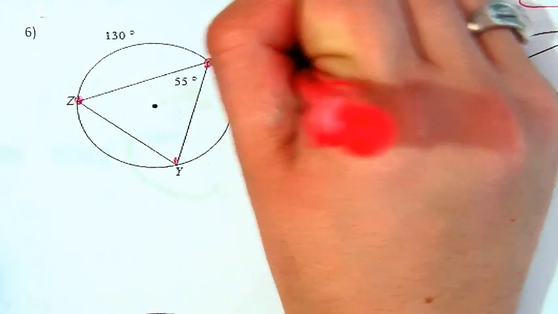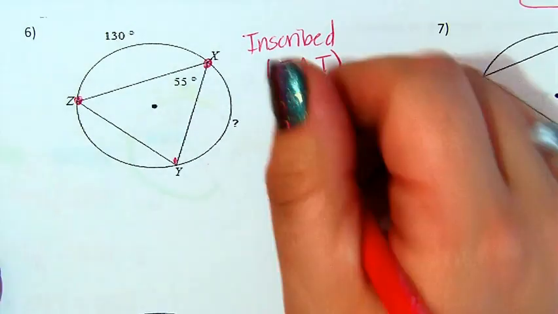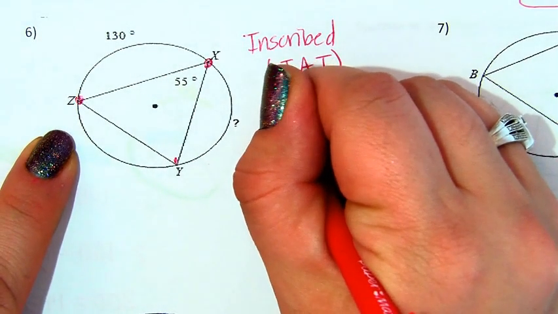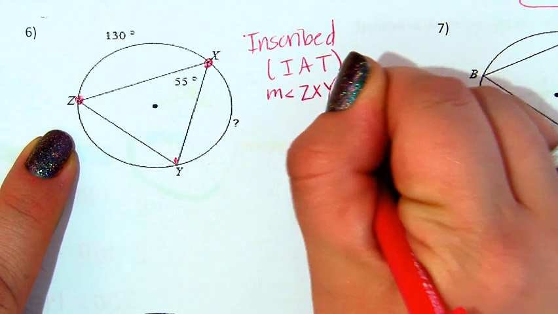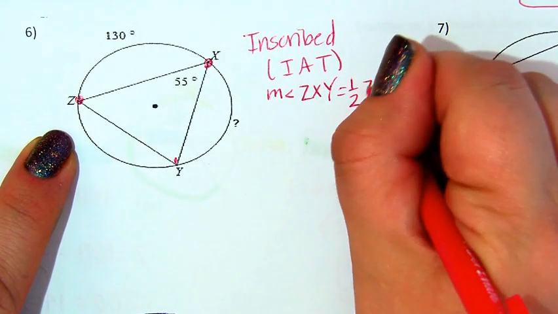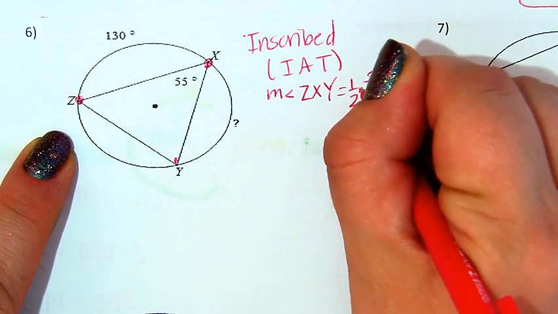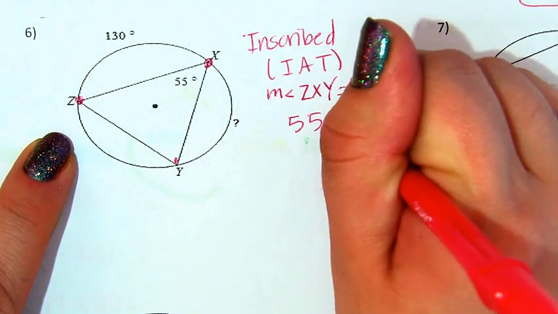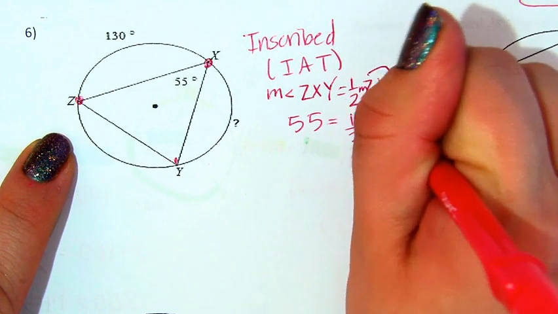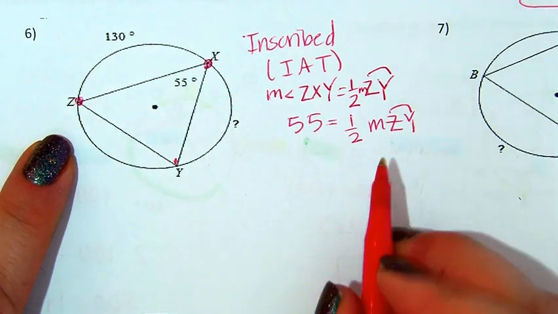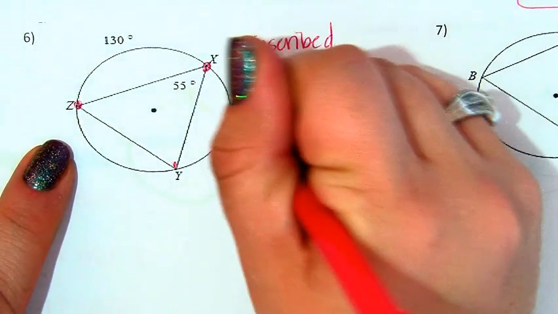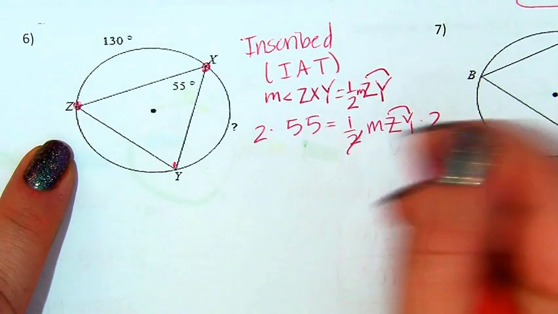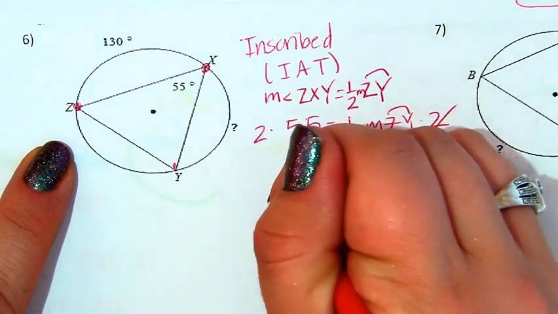So I'm going to want to use inscribed angle theorem that says the measure of angle ZXY equals half of the arc from Z to Y. So I know that angle is 55. That's 1/2 of the measure of ZY, the arc. So if I multiply both sides by 2, that gives me the arc measure. 55 times 2 is 110.